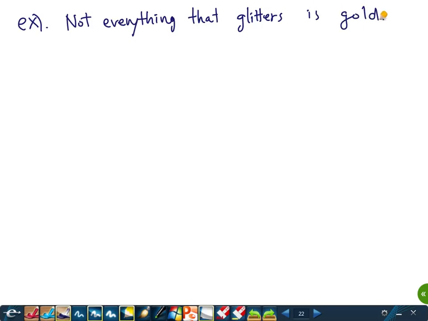This is a famous sentence that we have all heard of. So let's try to express this using the formal language that we have learned. P of x: x glitters, and Q of x: x is gold.